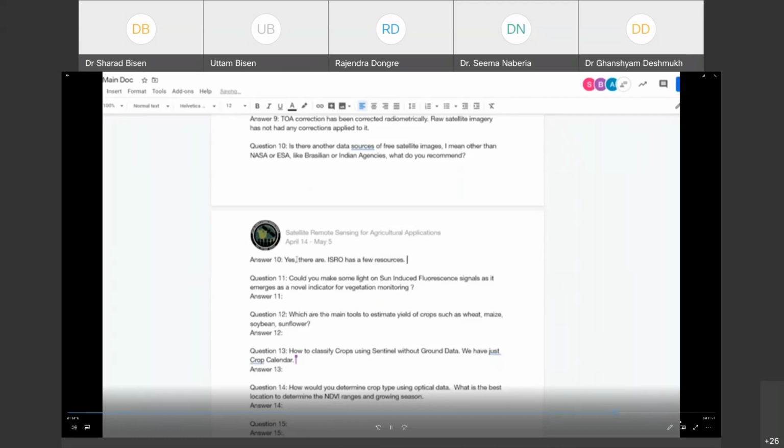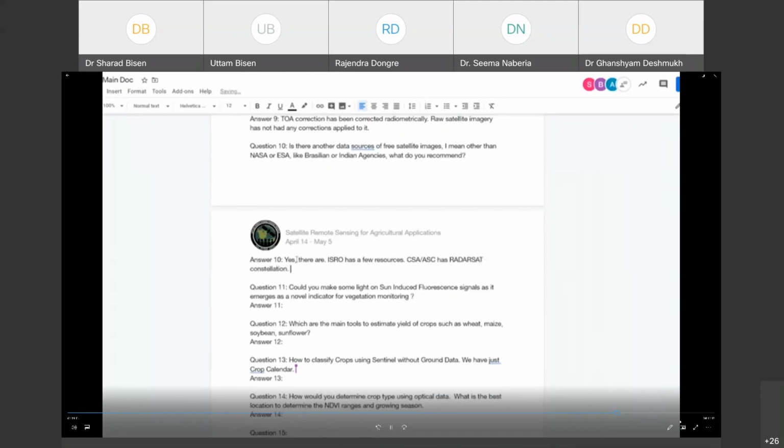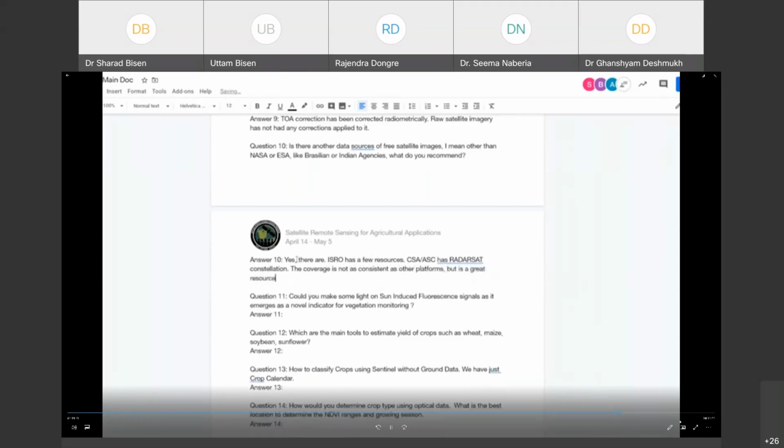The Canadian Space Agency also has the RADARSAT Constellation, which is freely available. The coverage of that is not as consistent as other government platforms. It's more on demand, but it is freely available. So if you're looking for radar data, the RADARSAT Constellation is also available to you. And we'll provide more links to other platforms and sensors, as well as freely available data before uploading this.